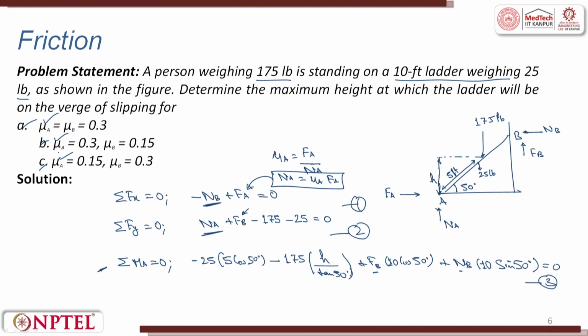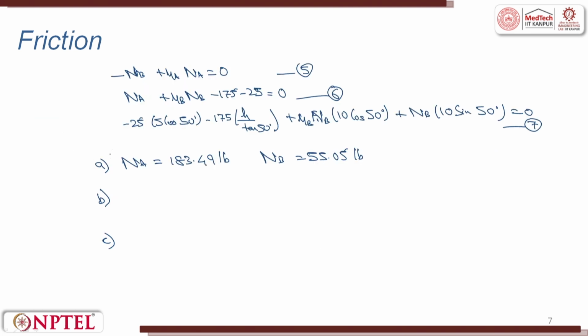Right. And for the given values of the coefficients of friction, nu A is 0.3 and nu B is 0.15, the values of the normal forces calculated here are 191.39 pounds and 57.43 pounds for Na and Nb respectively.